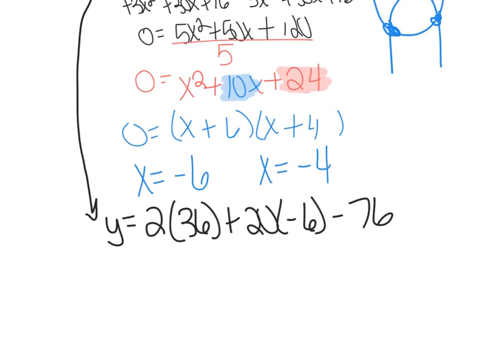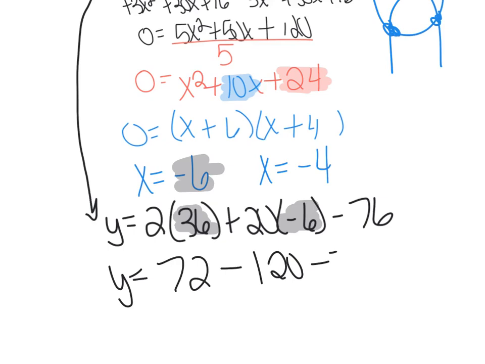Okay, so that's me just taking out x and putting -6 in its place in that equation. So I get y equals 72 minus 120 plus 44.